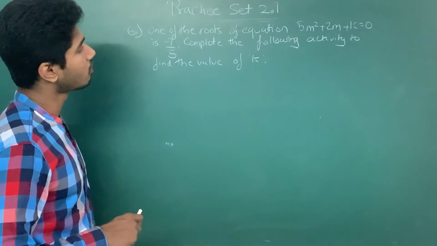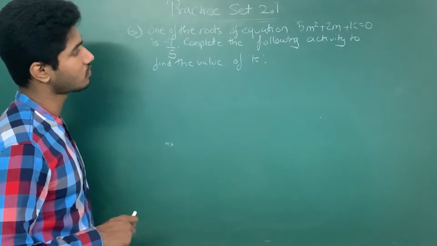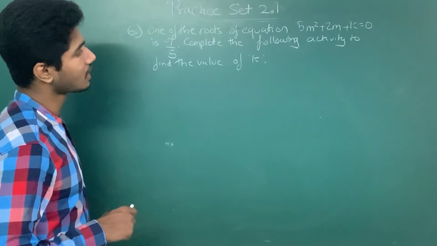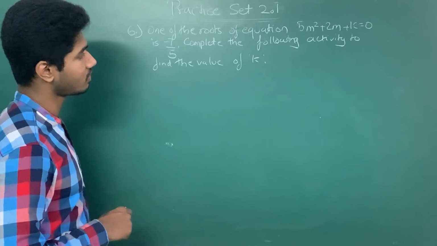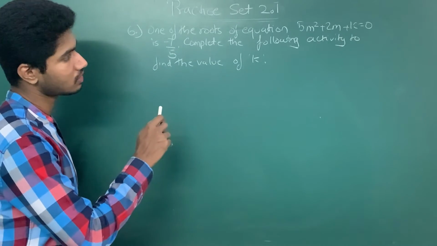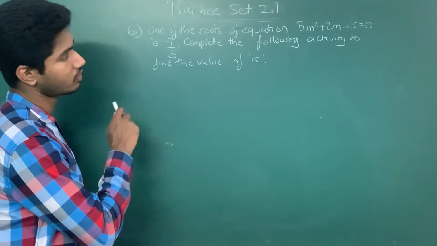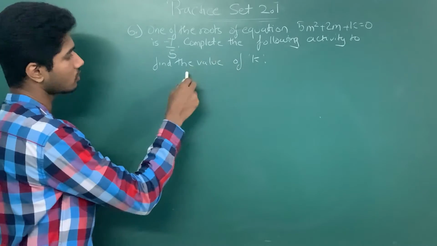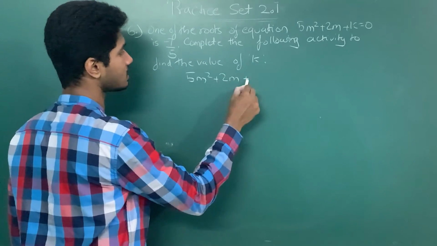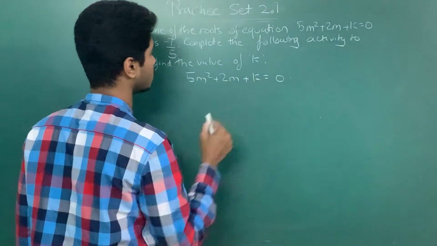Sixth question. One of the roots of the equation 5m square plus 2m plus k is equal to 0 is minus 7 by 5. Complete the following activity to find the value of k. Now in your textbook, it is given in the form of fill in the blanks. I'll do it from scratch, okay? So the equation given is 5m squared plus 2m plus k equal to 0.